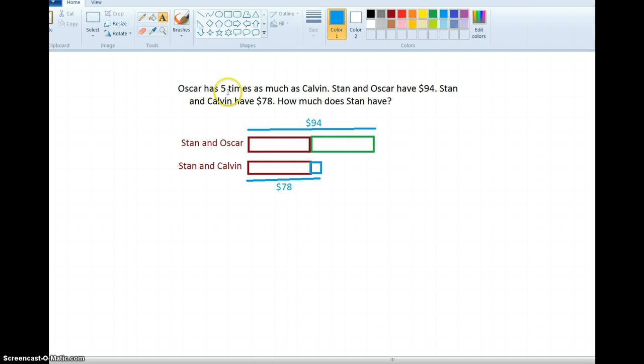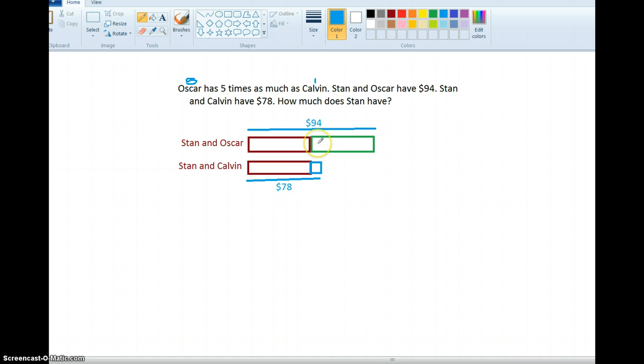Now, Oscar has 5 times as much as Kelvin. So this is an as much as question. So you know this is the first S, the second S, so this would be 1 unit. And this would be 5 units. So in other words, this green rectangle is actually 5 times of this blue rectangle.